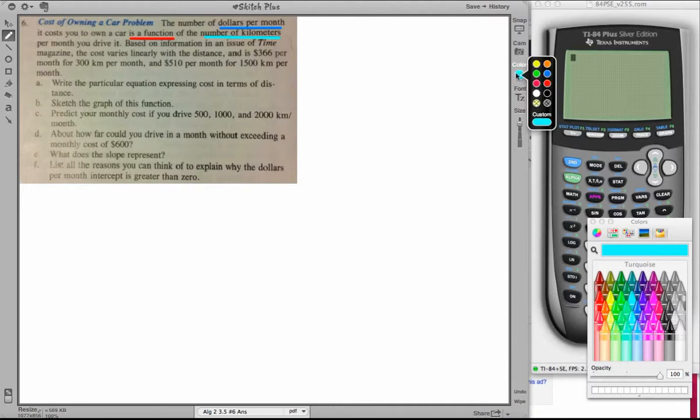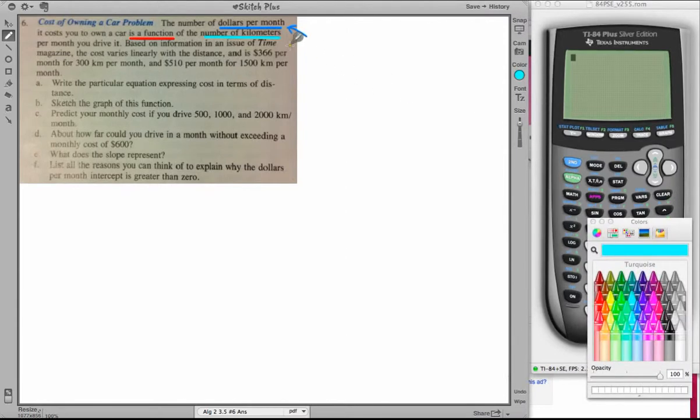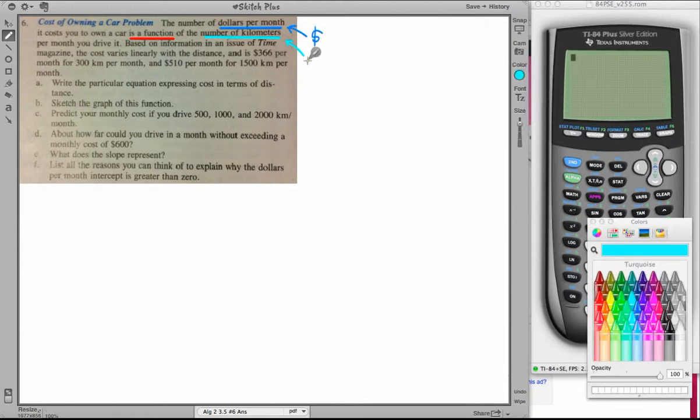Now once you see something like that, you try to decide either based on the wording "is a function of," or based upon your reasoning, which of these two depends on the other. Does the number of dollars depend on the number of kilometers, or does the number of kilometers depend on the dollars?